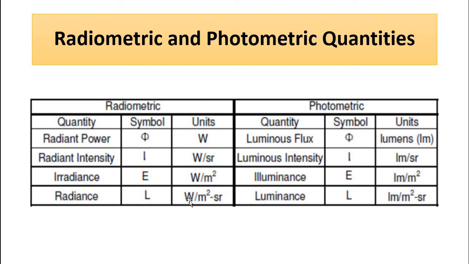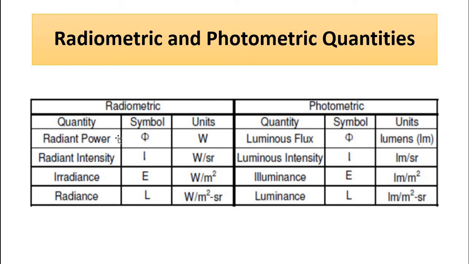Then radiance is the portion of the radiative flux which is reflected from the irradiated surface per unit solid angle, which is watts per meter square steradian. For luminance, it is the luminous flux reflected from the illuminated surface per unit solid angle from that specific area, so it is lumens per meter square steradian.